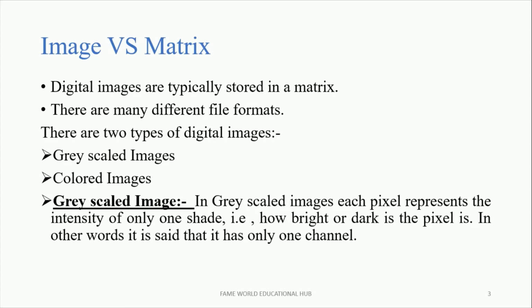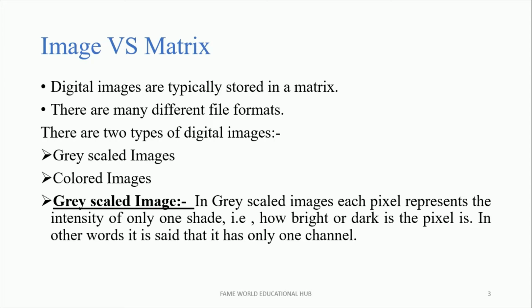So the row column combination is there. There are pixels, small squares, embedded in the images, and the collection of different pixels creates an image. There are many different file formats like JPG, JPEG, TIF, GIF and PNG, which you use. But we can deal with all these formats in OpenCV also.